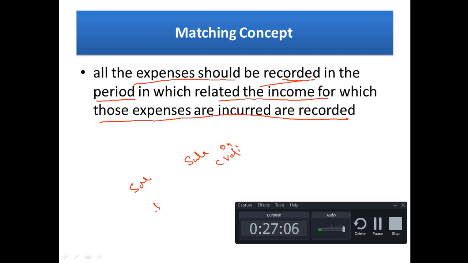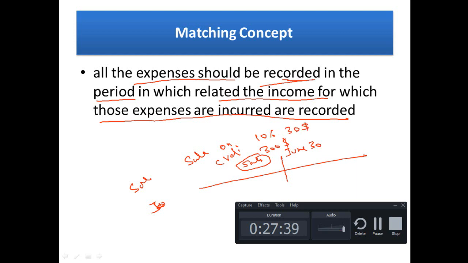For example, the year end of the business is June 30. You have made sales of $300 and received cash and recorded the sales, but you have to pay the commission on that sale at the rate of 10% to the agent, which is $30, but you have not yet paid in this period, and you paid it on August 27.